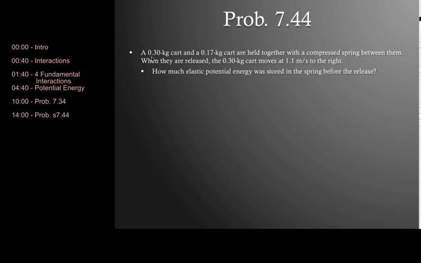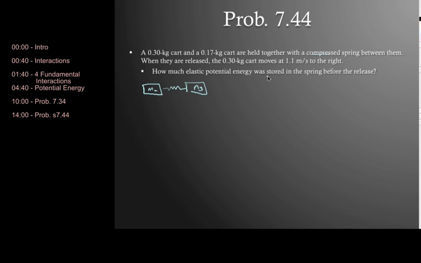Here we have a 0.3 kilogram cart and a 0.17 kilogram cart held together by some compressed spring between them. So let's have m_A and m_B held together by some spring.